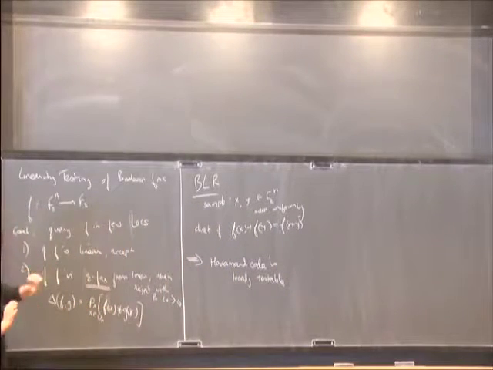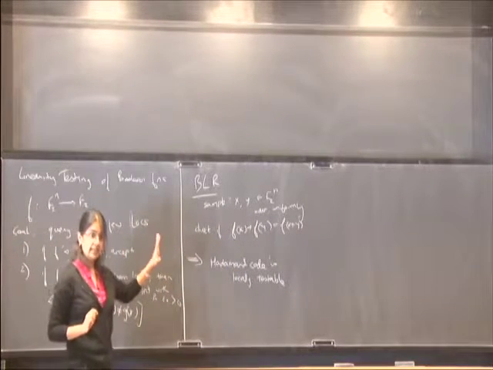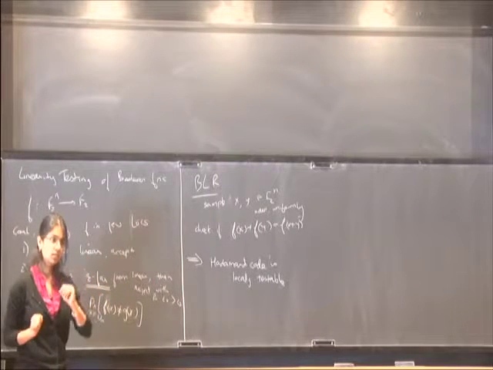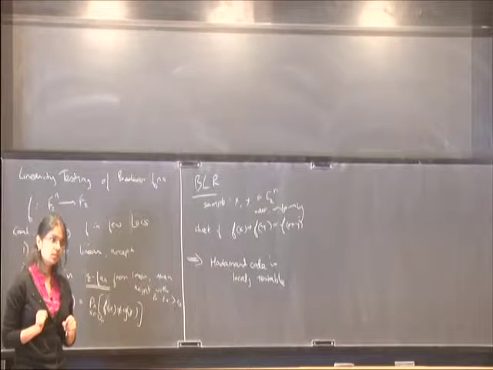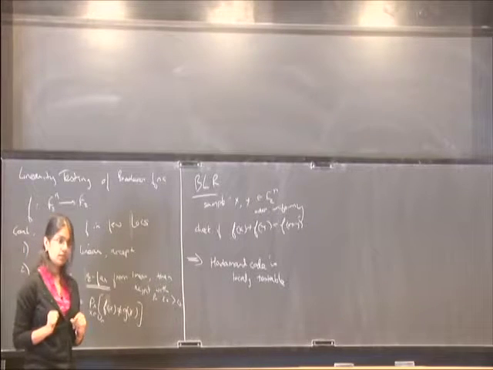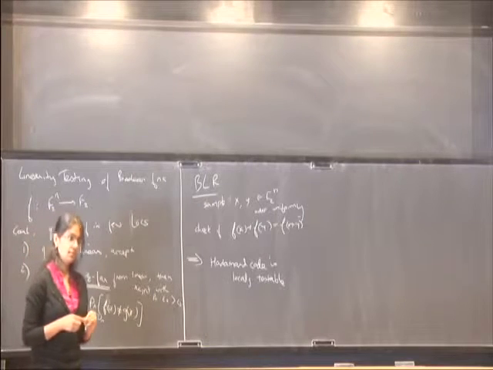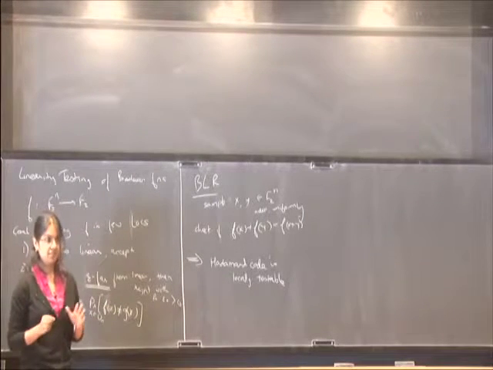Testing the Hadamard code is exactly testing for linearity. You have a question? Just remind the intuition. The test says that if you pass the test with high probability, then there is one Fourier coefficient which is large. Yeah.